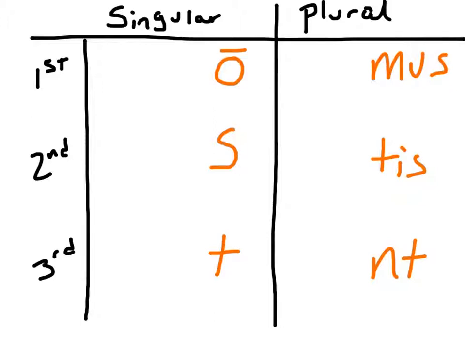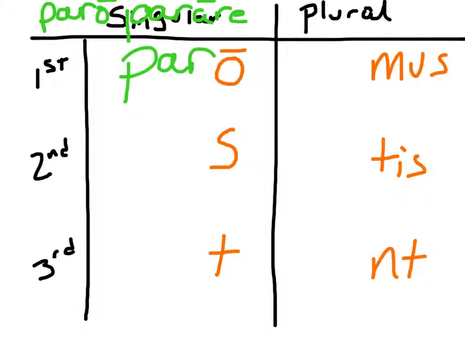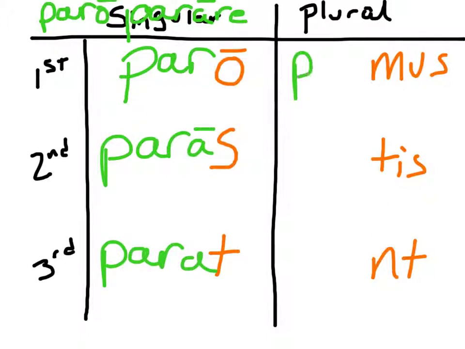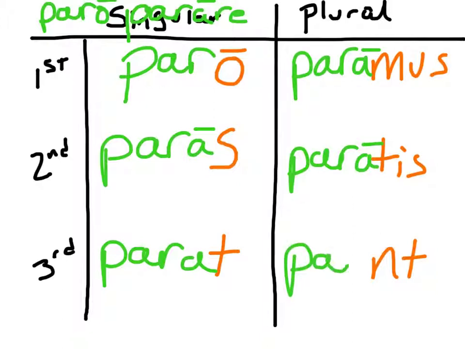So let's add in a Latin verb there. Let's use our verb parare. You can see that up there above the singular. I'll write it down here. So we're going to have paro, paras, parat, paramus, paratis, and parant.